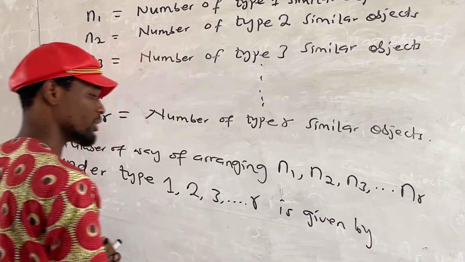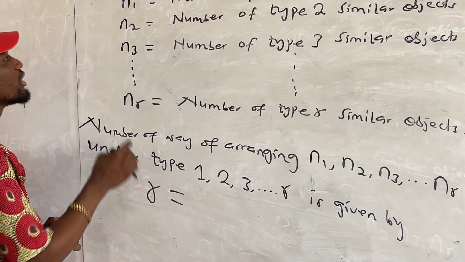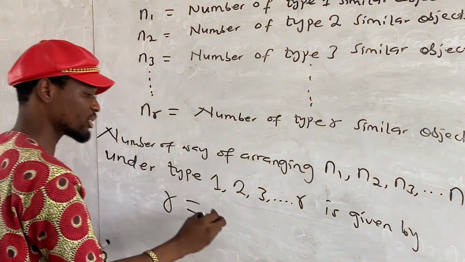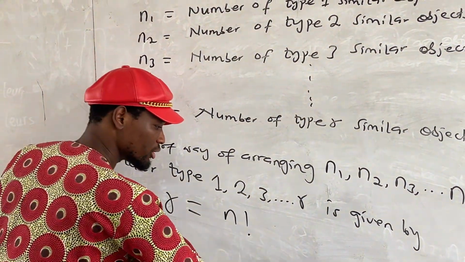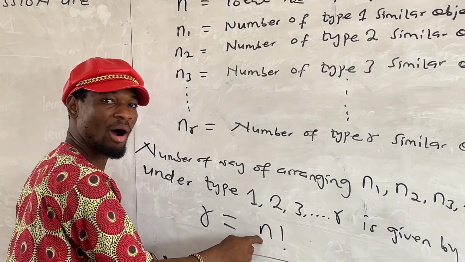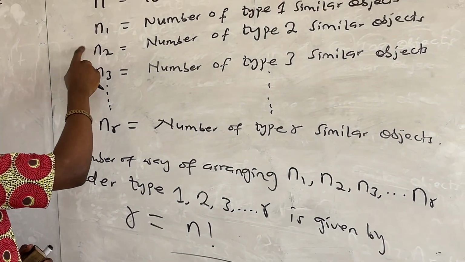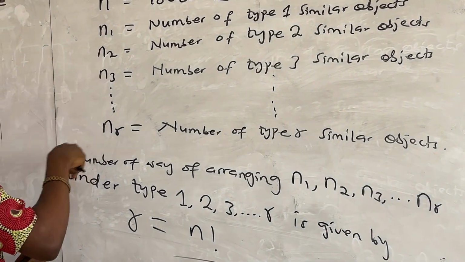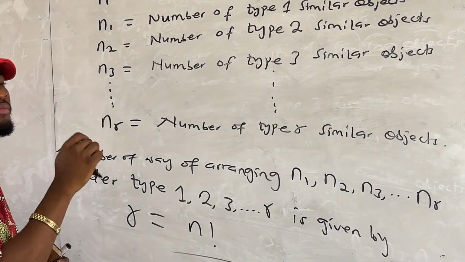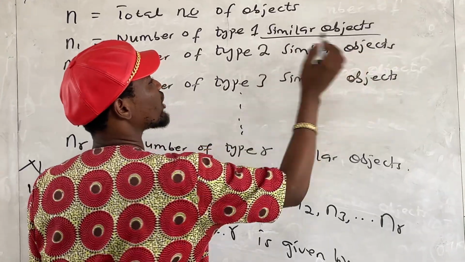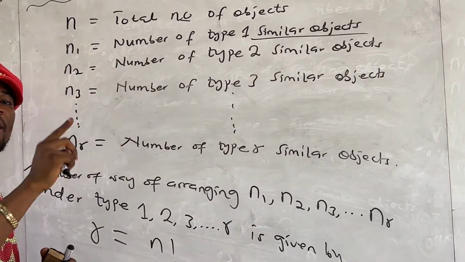given by n factorial, where n is the total number of objects. That's the total number of ways to arrange those objects, over the total number of ways of arranging the objects appearing more than once. Similar objects tells you that the number occurs more than once.